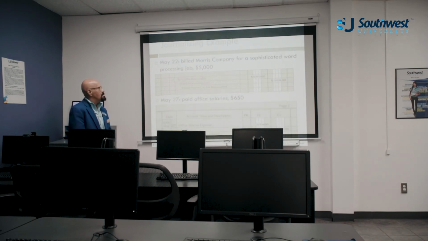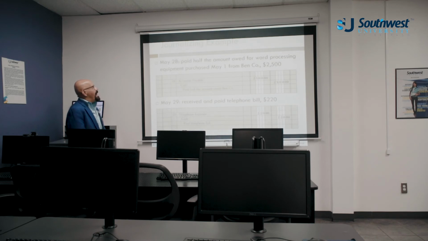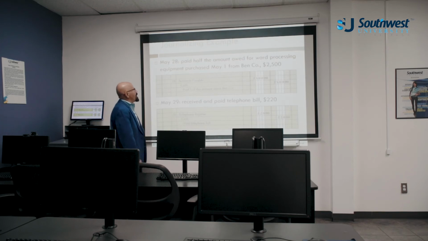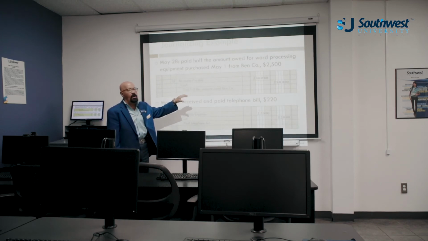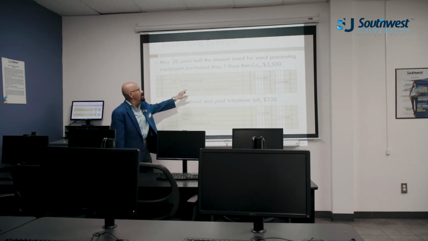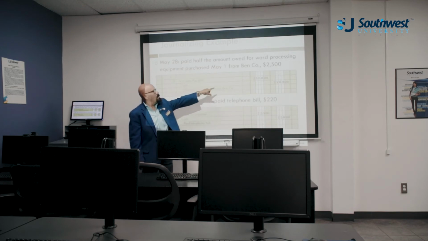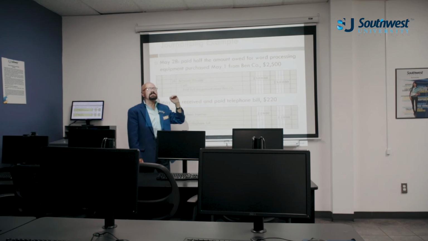We credit. Okay? Paid half the amount owed for word processing equipment purchased May 1st from Ben Company, $2,500. So she bought some of the equipment and now she's paid on the account. Well, we don't owe them the original amount anymore, which I believe was $5,000. So accounts payable goes down $2,500. Accounts payable, of course, is a liability.